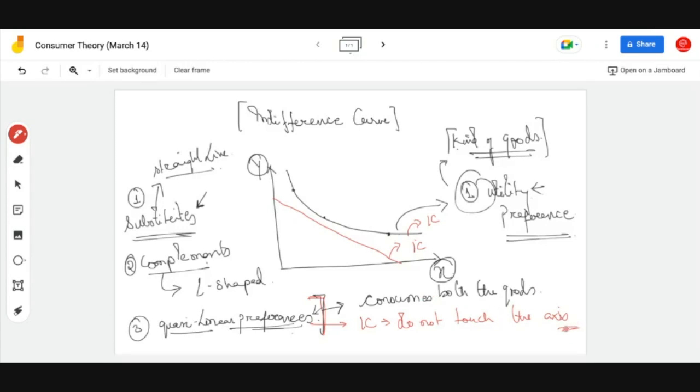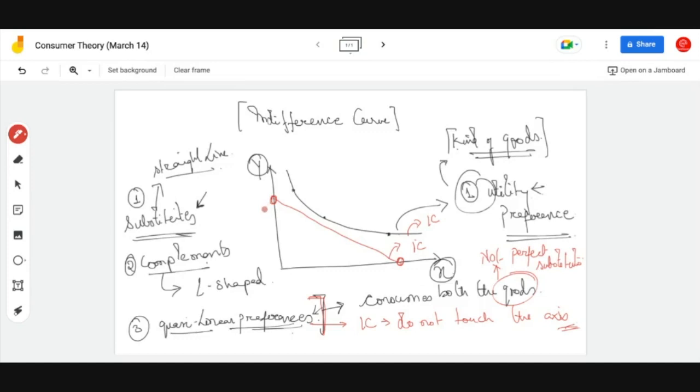And when they are not touching the axis, this means that goods are not perfect substitutes. In this case, we can consume either at this point or at this point, right? Yes or no? Yes, sir.